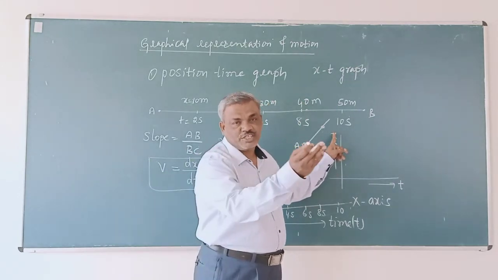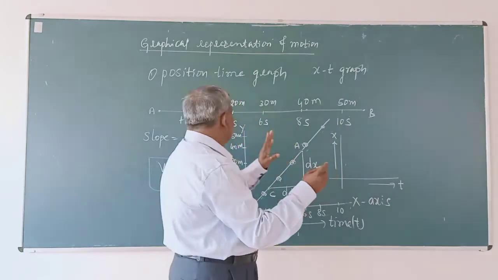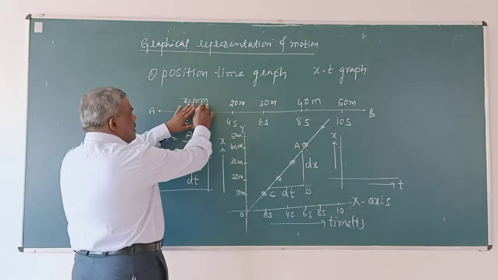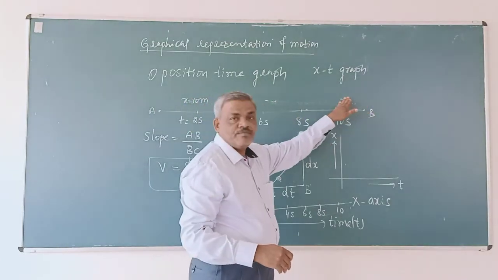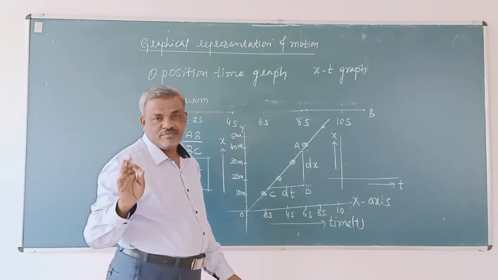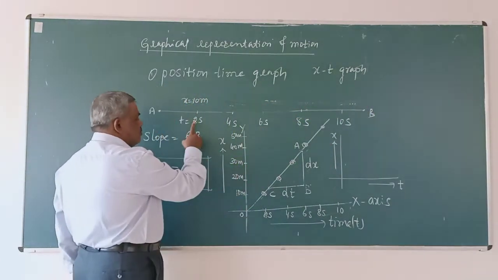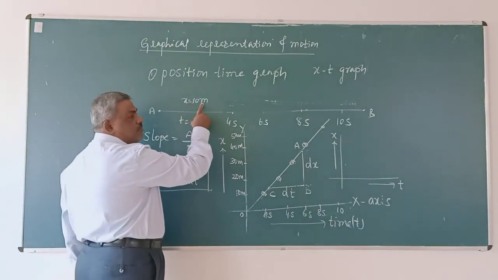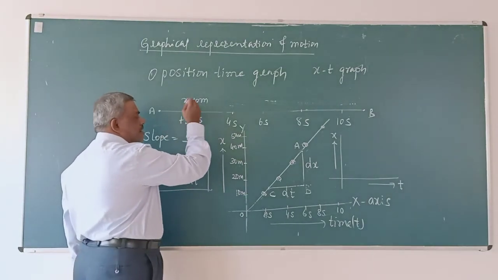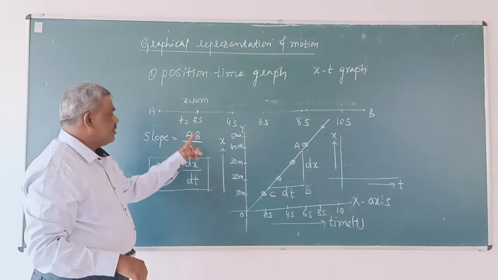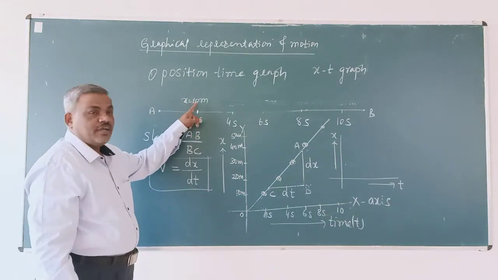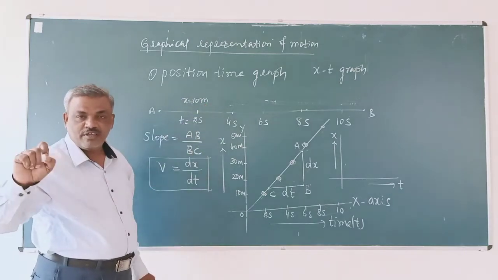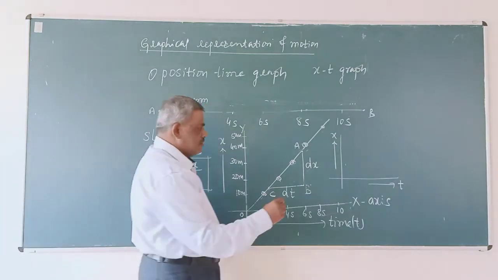For a body at rest, a body traveling a certain distance, maybe 10 meters, afterwards the body does not cover any more distance. So after 2 seconds, the body will be at 10 meters. The body is at rest here. So after 2 seconds, how much distance will be covered? 10 meters. How do you draw this graph for a body at rest?